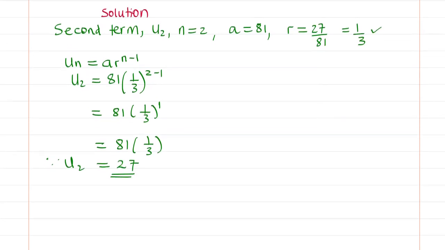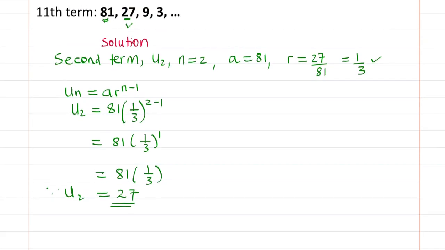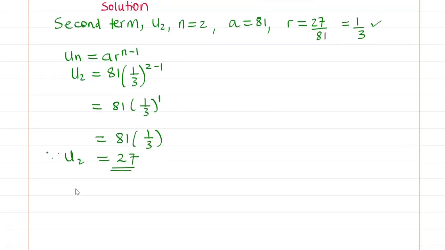So we can now go towards the 11th term. So for the 11th term, that is U11, we know the following. The first term is 81. It is the same number, so the common ratio r is 1 out of 3. And remember, since it is the 11th term, our n is 11.